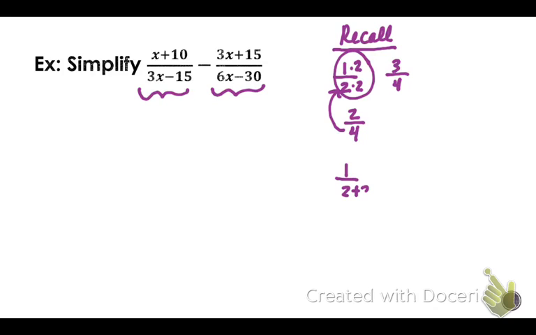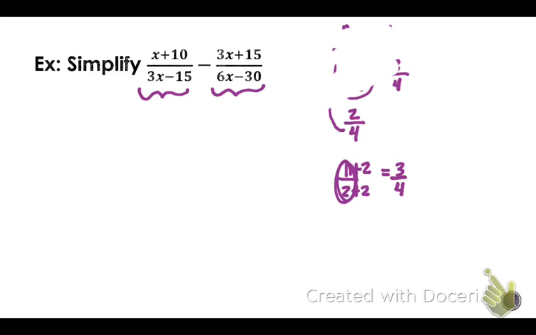If, though, you tried to add 2 to the bottom and the top, I would have gotten 3/4, which is clearly not the same as my original fraction of 1/2. I'm not going to keep fractions equivalent if I add or subtract a value to the numerator and denominator. I only keep them equivalent if I multiply the numerator and denominator by the same thing. So in getting a common denominator, we need to make sure we're keeping the fractions equivalent. We're not changing any values in the problem, we're just rewriting it.